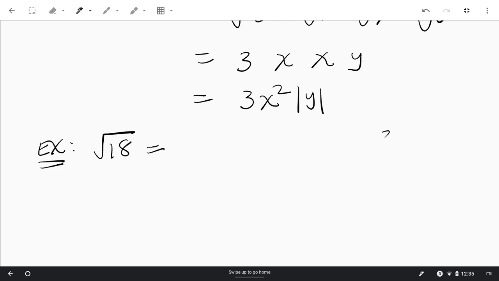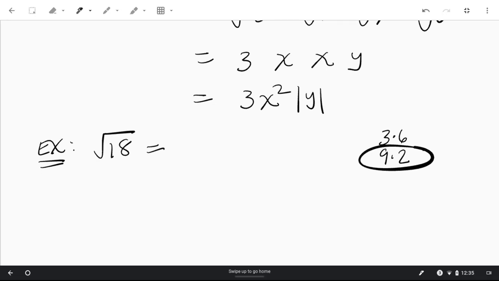We can use 3 times 6 or 9 times 2. Which one do you think you would use and why? Okay, 3 times 6 or 9 times 2. If you said 9 times 2, that is correct. We would use 9 times 2.